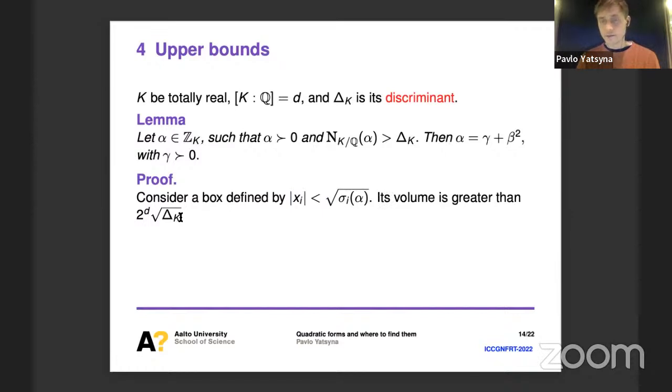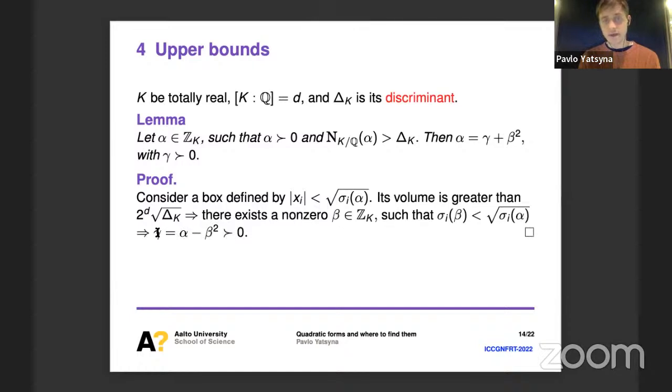Now, using Minkowski's theorem, we know we have a non-zero integer point in our Z_K which lives in this box. And so we now have that under each embedding, this element beta is bounded by the square root of sigma alpha. Now we square and rearrange, and we get this element alpha minus beta squared, gamma, which is going to be totally positive by this inequality.